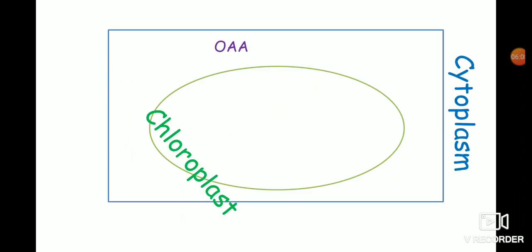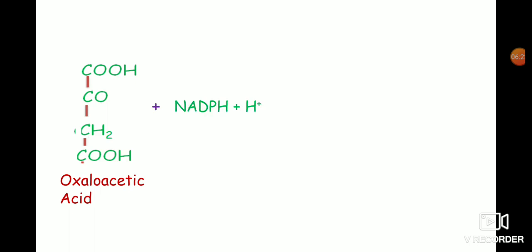The oxaloacetic acid then moves to the chloroplast of the mesophyll cells, where it gets reduced to malic acid in the presence of NADPH2.